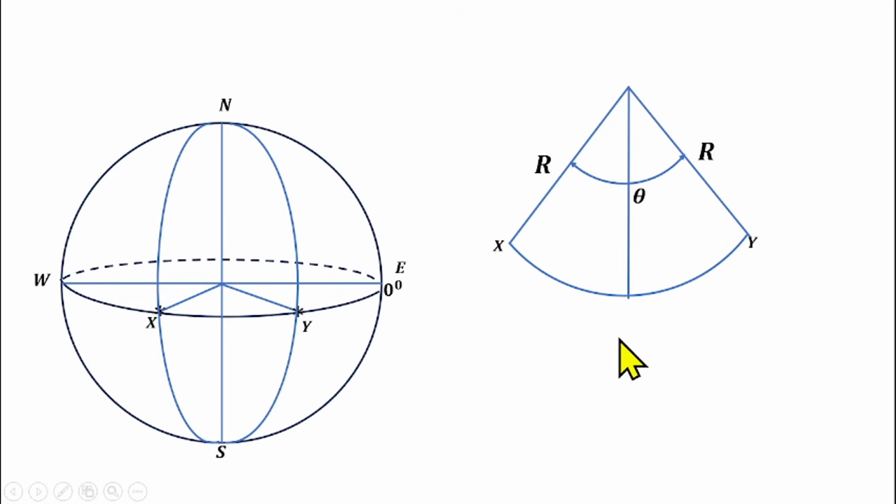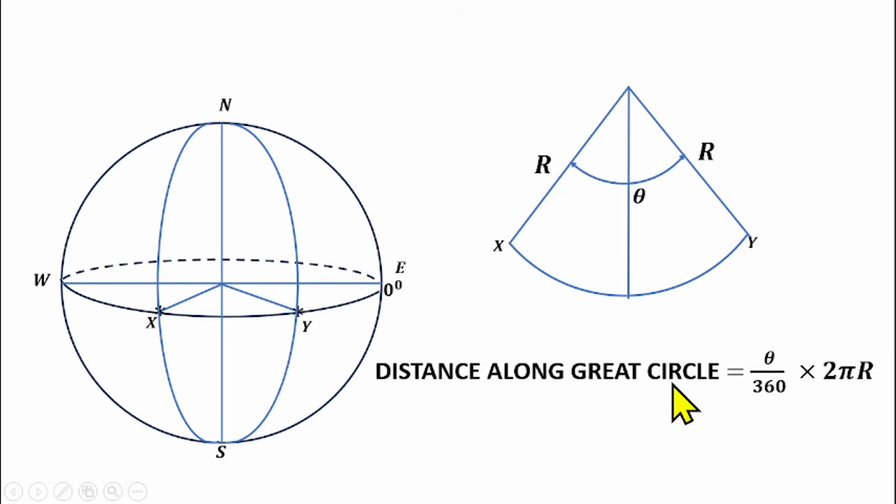The formula for finding the length of an arc of a circle is theta over 360 times 2 pi r. The same thing you are going to use to find the distance along the great circle as well. So distance along great circle is theta over 360 times 2 pi r. Theta is the angular distance or angular difference between the 2 points, and by now you should know how to find the angular difference between any 2 points.